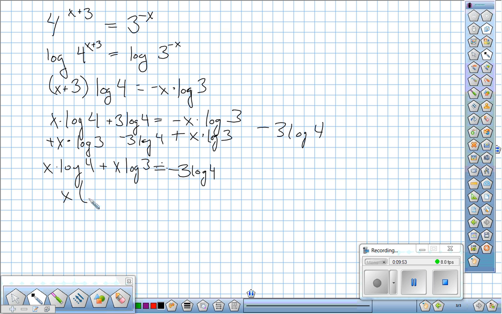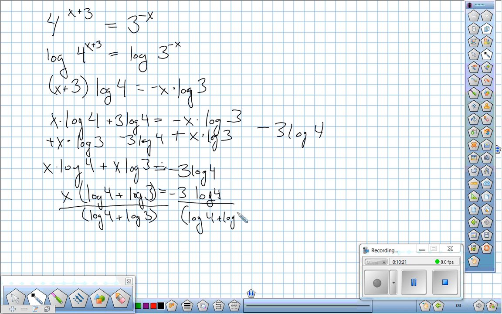So I write that out front. And when I factor out an x, I'm left with log 4 plus log 3 in parentheses equals negative 3 log of 4. And then to get x by itself, I divide by all this junk here, divided on both sides, so divided by log of 4 plus log of 3.